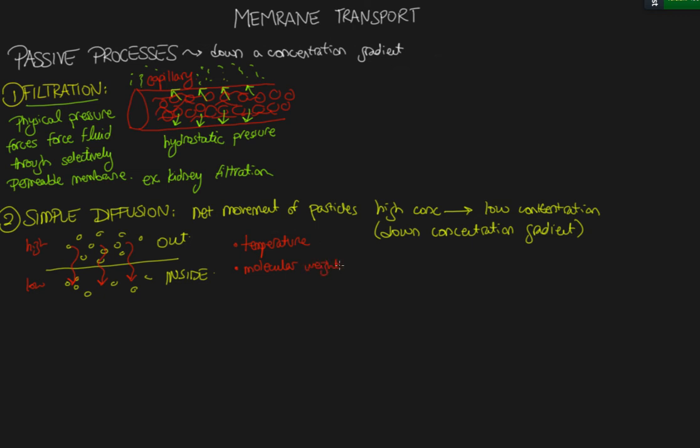So the smaller the particles, the faster they'll move, and then the larger the particles, the more sluggish they're going to be, and this is going to decrease the rate of diffusion. Also, we have the concentration of the particle. And so particles will diffuse more rapidly if there is a greater concentration difference across the two sides of the membrane.